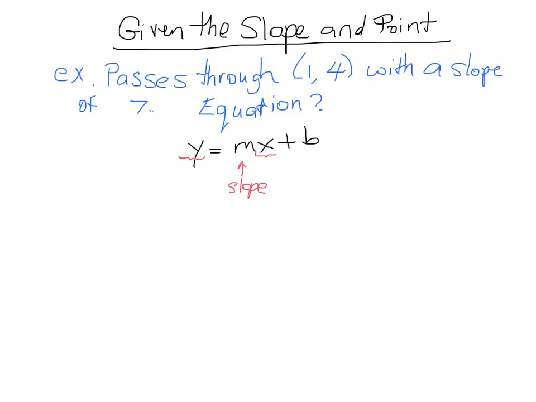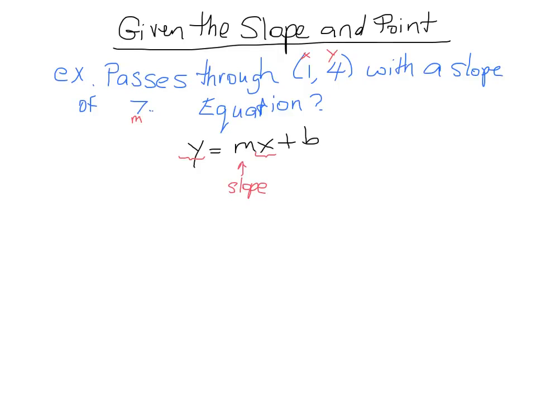But in this particular example, we don't know what b is yet, and we need to figure out what b is. So in this case, we're going to take our x and y, and again, our x and y is any point, and we're going to take our m, which in this case is 7, and plug it into that equation.